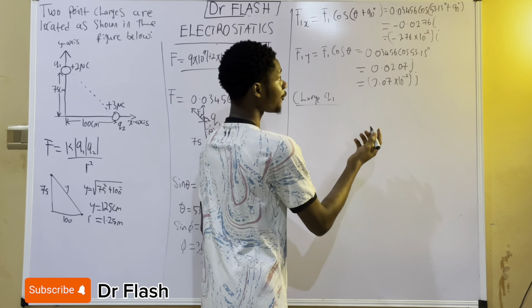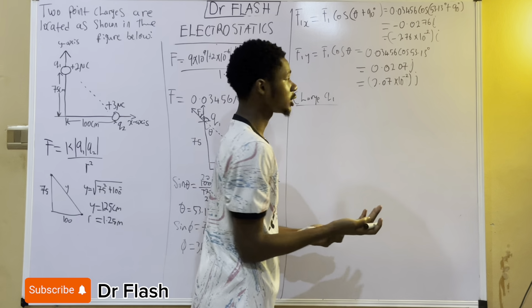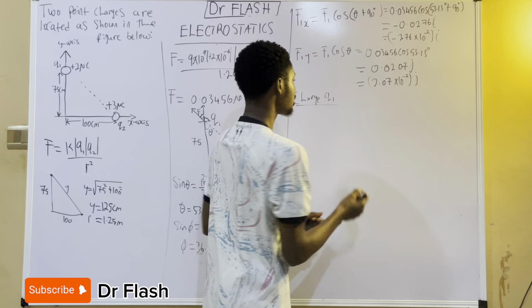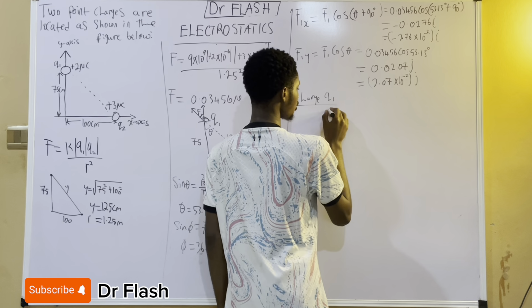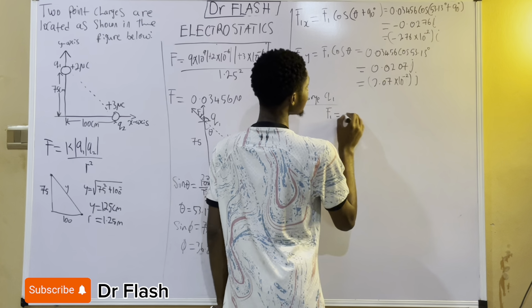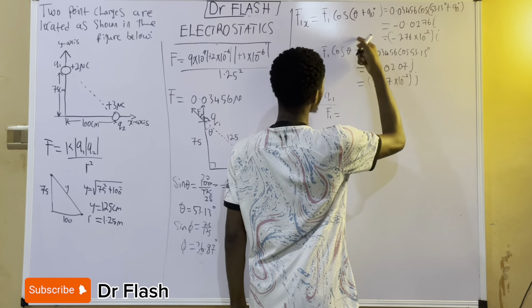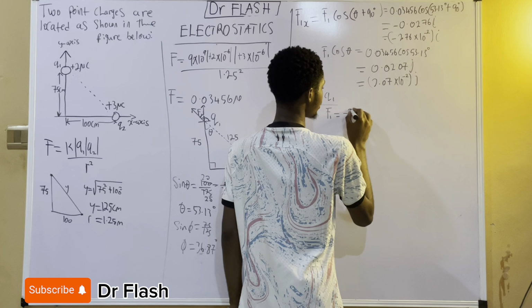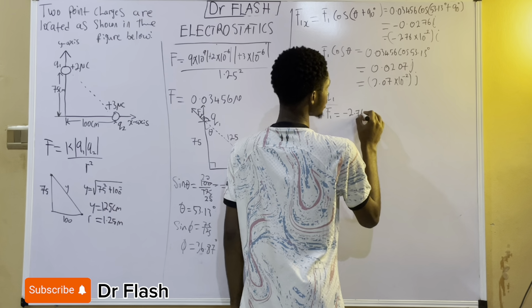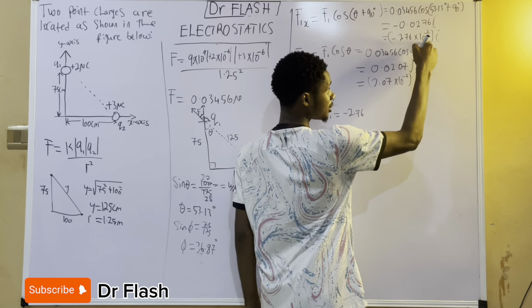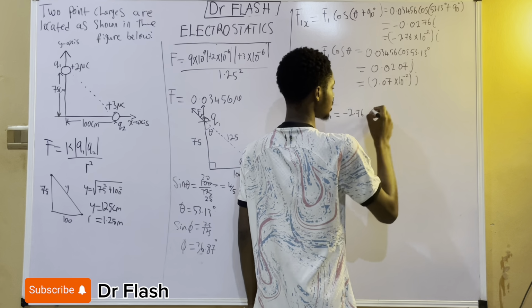So in terms of coordinates of free space, for charge q1, it will experience a force of these two. Okay, in terms of coordinates of free space, I first followed by j. So charge q1 is going to experience the force, which is f1, and that is equal to, what is the force here? So we had minus 2.76, okay, we can just keep the 10 to the power of minus 2 and bring it after joining it.